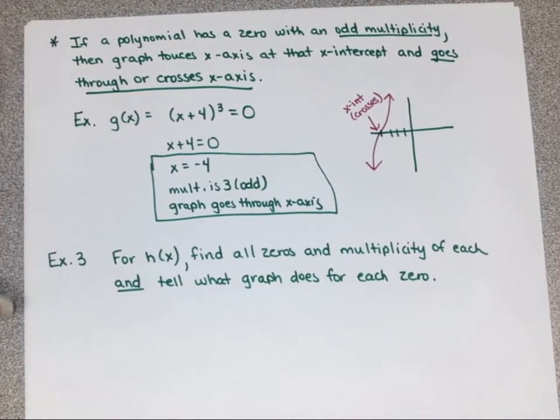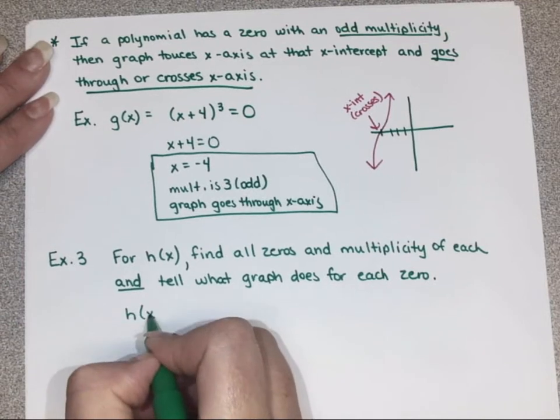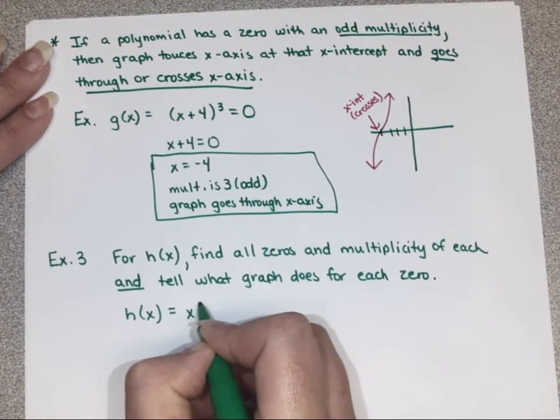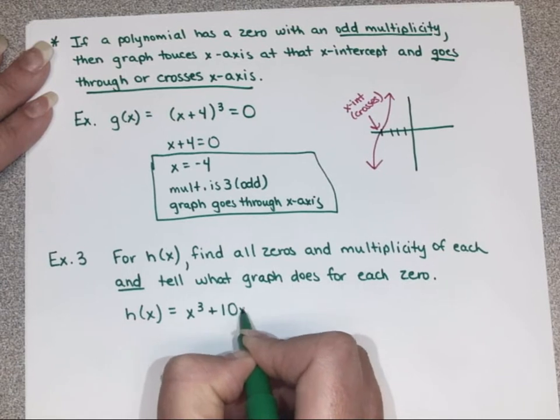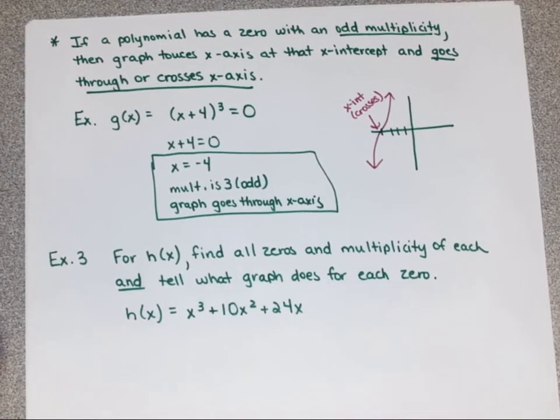So we're not ready to graph it yet, but I want you to describe what the graph would do for each of these. Okay? And so let's say that I give you this polynomial. x cubed plus 10x squared plus 24x.